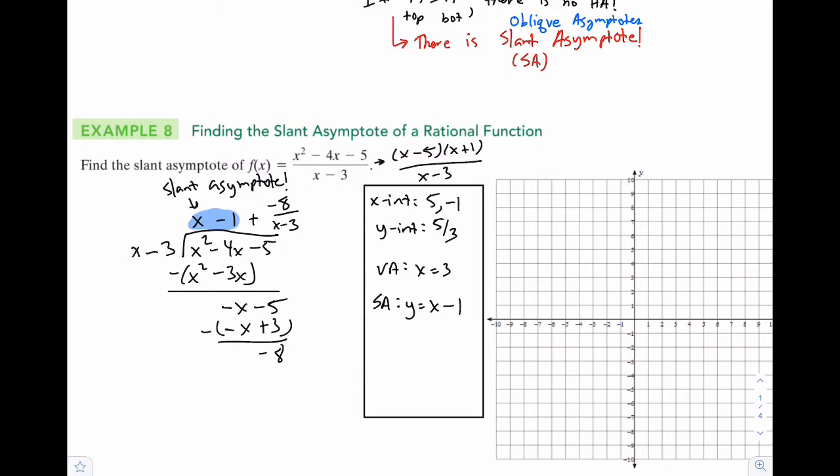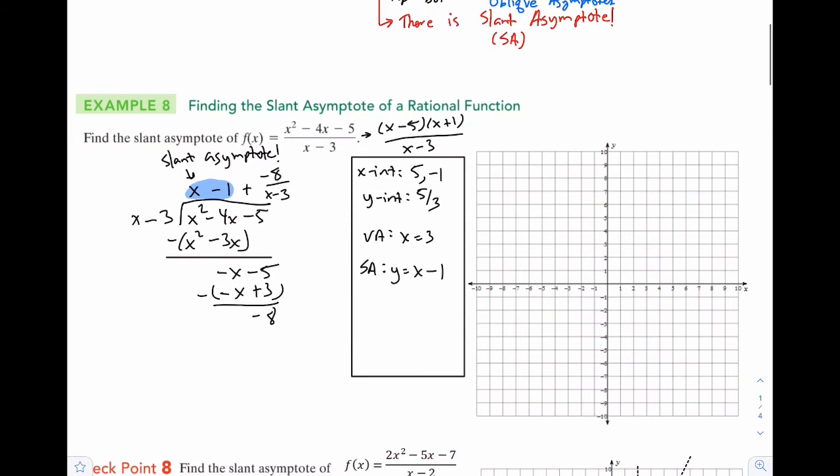I'll do blue. Let's put our asymptotes down. So I have x equals 3, so I'll put that right here. And then x minus 1, so I'll just put a point here, negative 1, and go up 1 over 1. Okay, so there's our asymptotes.